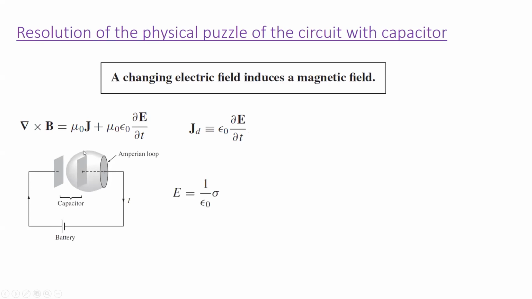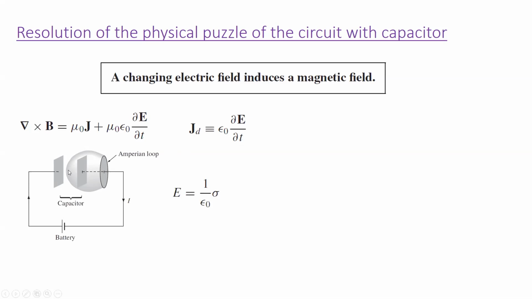So if we look at this physical situation, what's really going on here is that as current flows onto these plates, charge will build up here on the left plate and charge will leave the right plate. And so with more and more charge here and less charge here, the electric field will gradually strengthen in between. So there's a change in the electric field with respect to time.